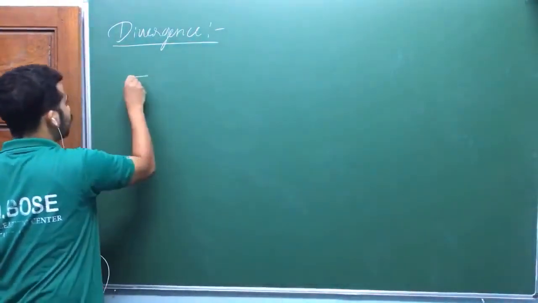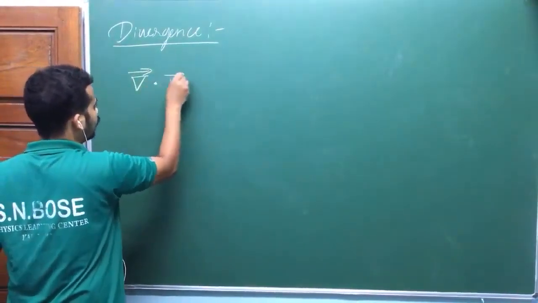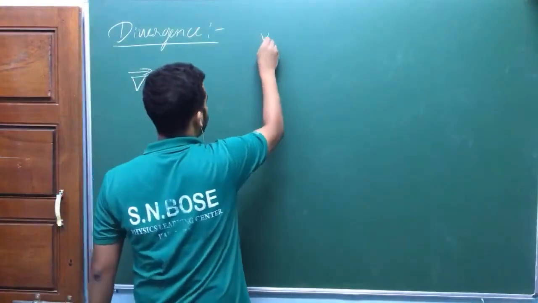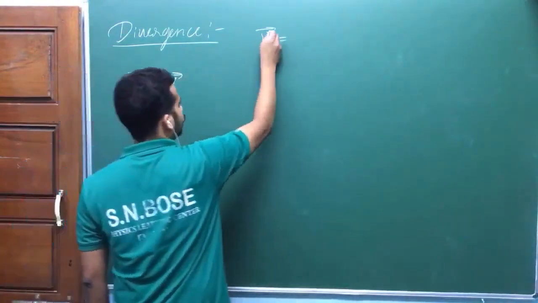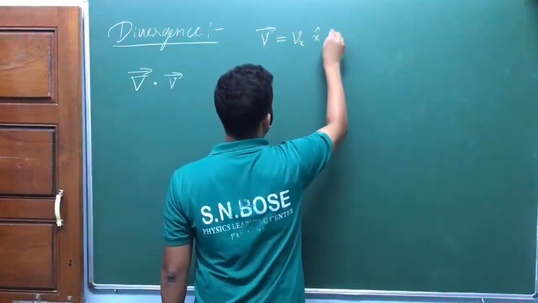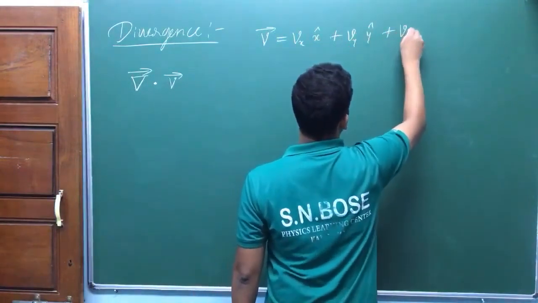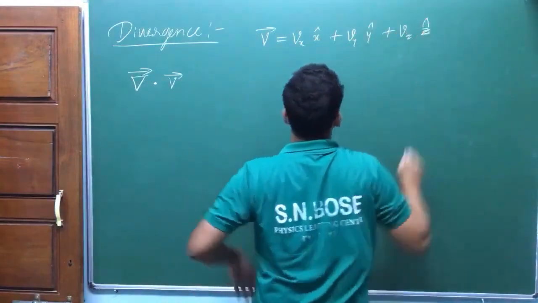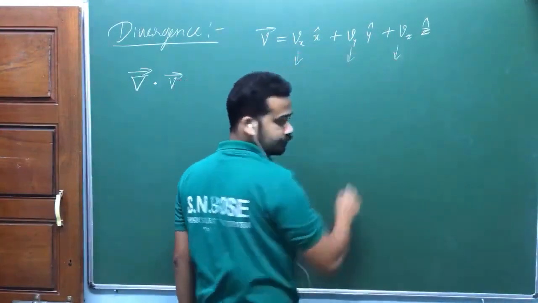The divergence is a kind of operation that is done on a vector field, am I right? So that's why first we shall define that vector field, small v. So that's equal to Vx into x cap plus Vy into y cap plus Vz into z cap. All of these three are functions of x, y, z.